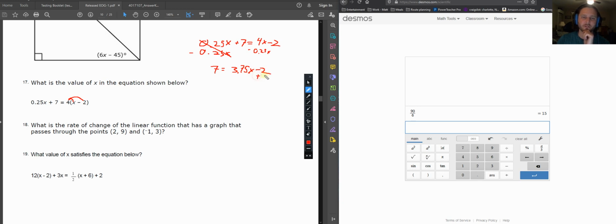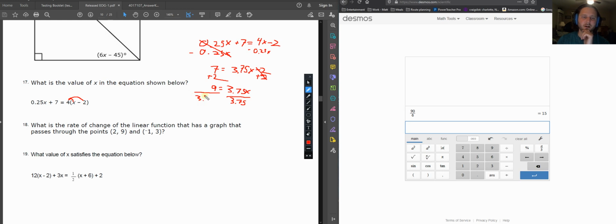I'm then, of course, going to add 2 to both sides in order to isolate my variable. And that gets me 9 equals 3.75x. And then, of course, I simply divide both sides by 3.75 to finish it off.